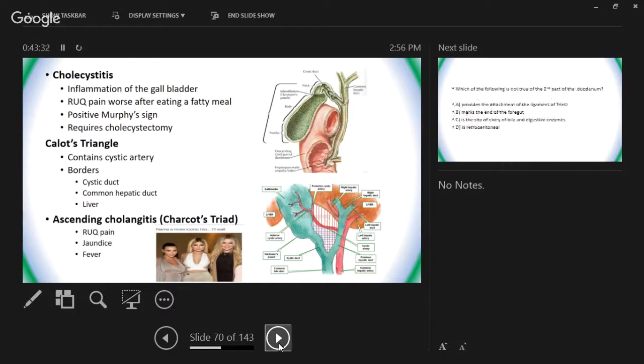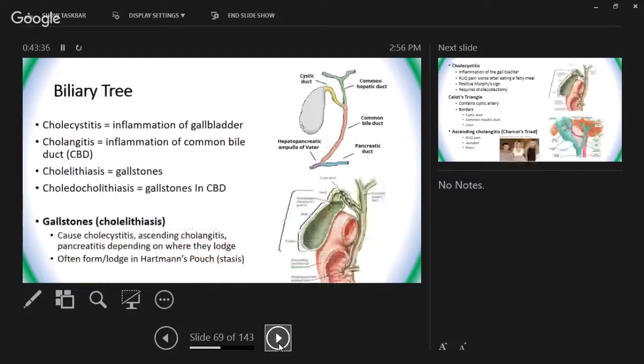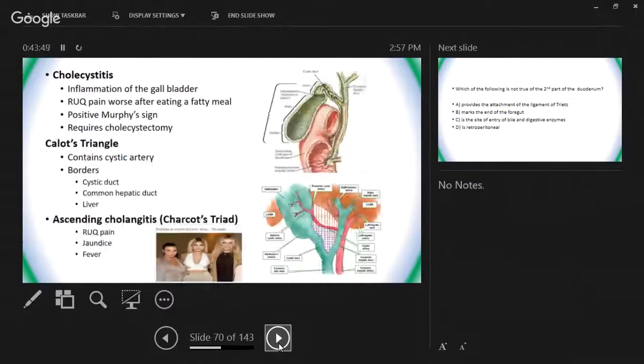Oh yeah, and the other thing is, these are your definitions that get thrown around. Might be good to learn. And gallstones, depending on where they lodge, is where you find the pathology. So cholecystitis is inflammation of the gallbladder because of a stone lodging in the cystic duct. You get right upper quadrant pain, a positive Murphy sign, and to treat it, you've got to take it out.